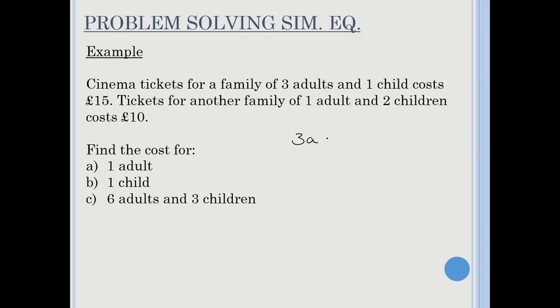We've got 3 adults and 1 child, or 1c, is equal to £15. So we're actually able to form our own equations. 3a add c equals 15, and then an adult plus 2 children is equal to £10.